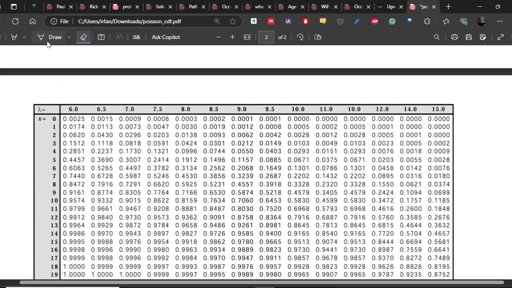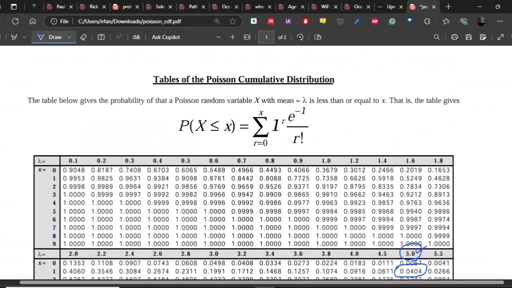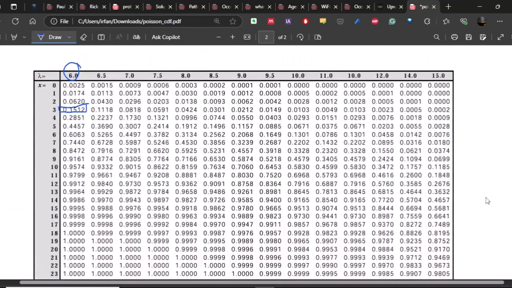The value of lambda is 6 here, and the value of x, which is 3, is here. All of this is now in the form of this formula, which is what we have transformed it into. So in order to find this value, it would be 0.1512.